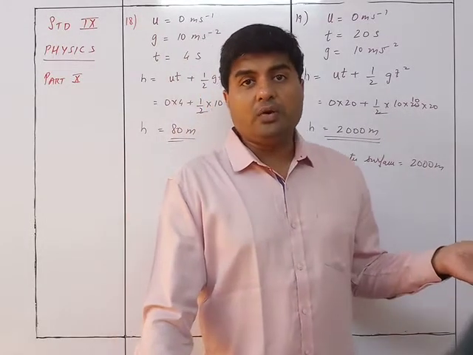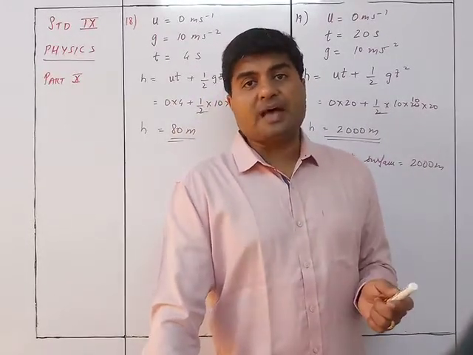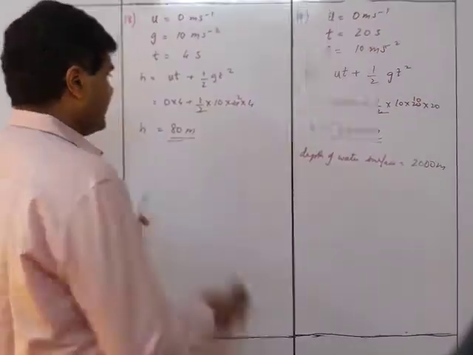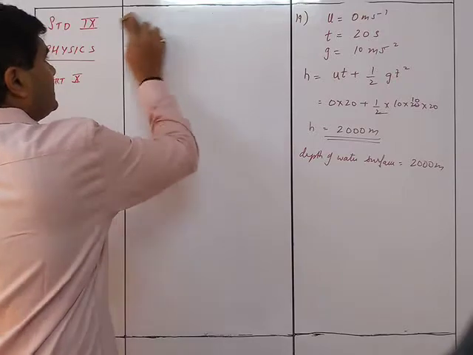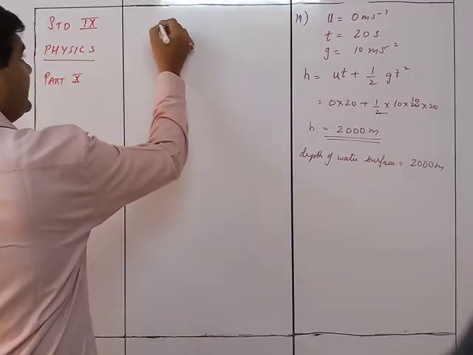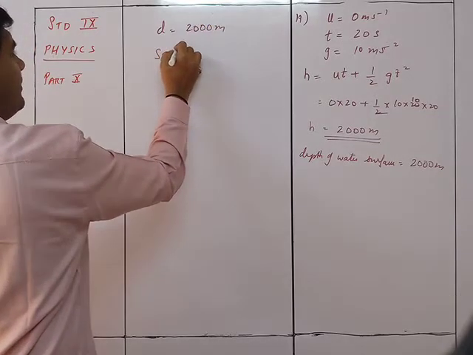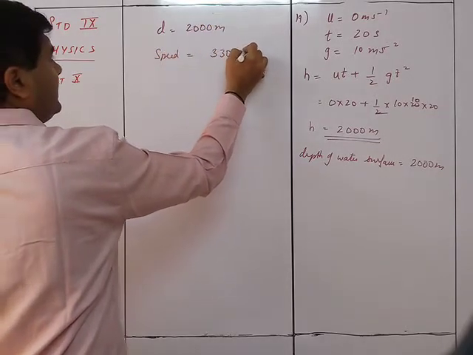So we will find out the time taken by the sound to travel 2000 meters, right? We know the distance is equal to 2000 meters and the speed of sound is given as 330 meter per second.